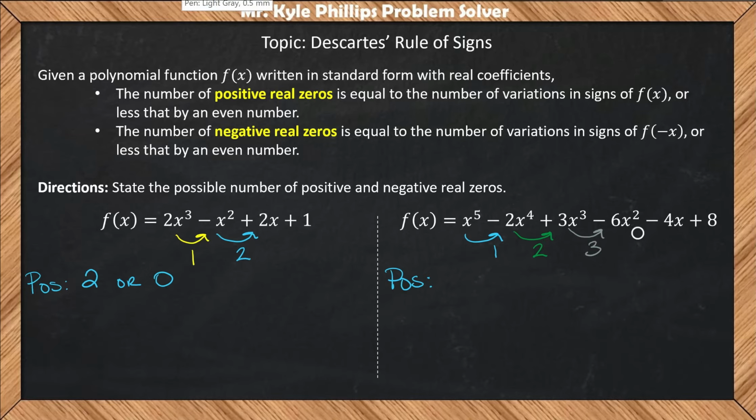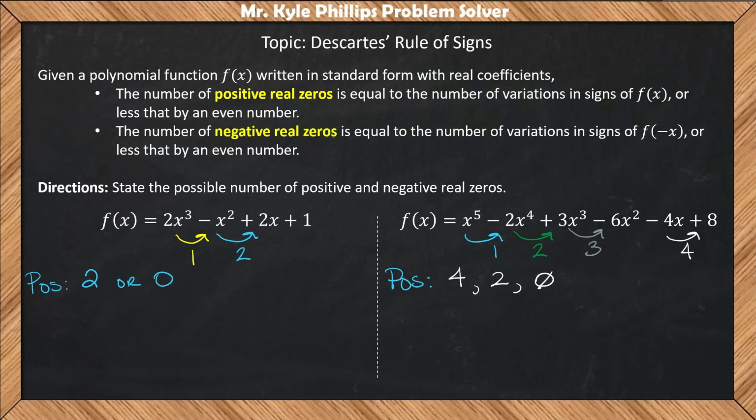The signs there did not change. And lastly, I went from negative 4 to 8, so that would have been my fourth sign change. So here, there would be 4 real zeros, 2 real zeros, or no real positive zeros. So remember that when you go down, you're counting by even numbers.